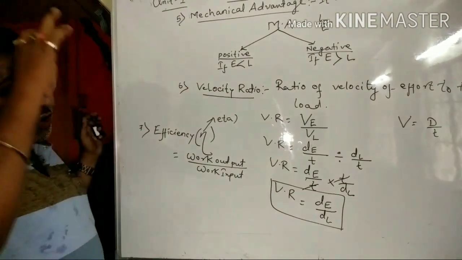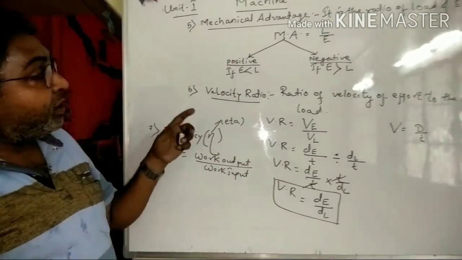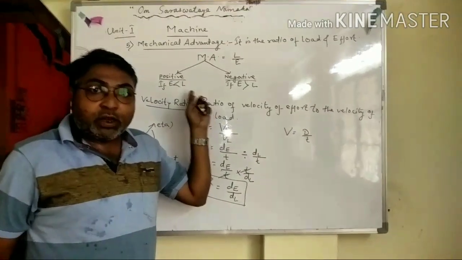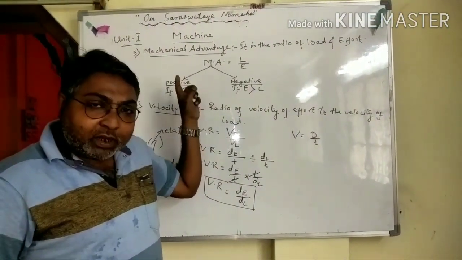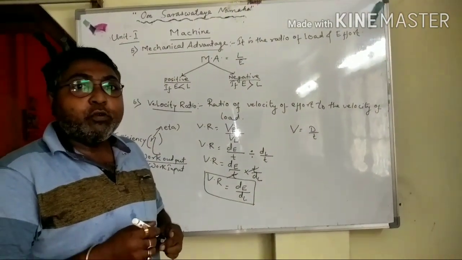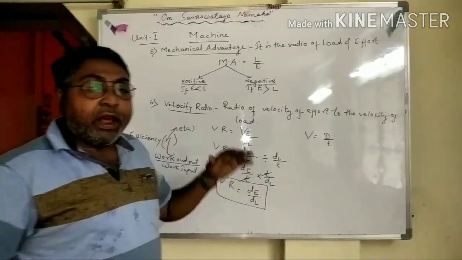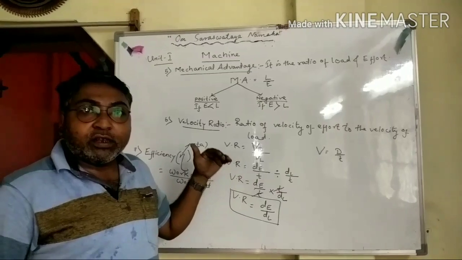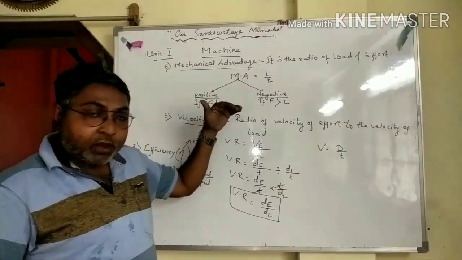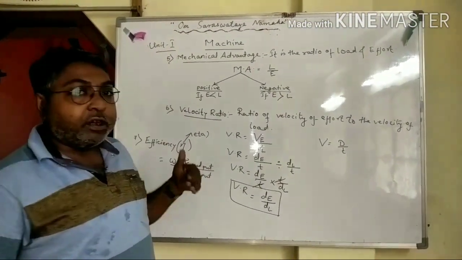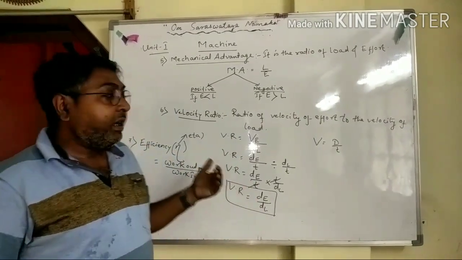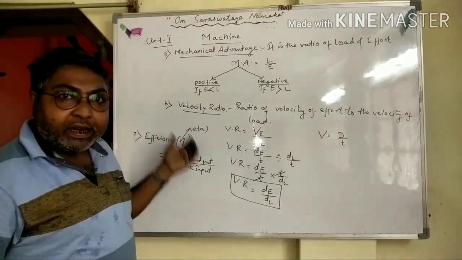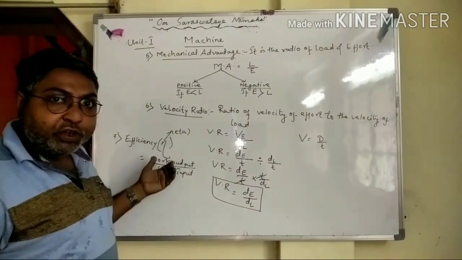So today I am teaching up to this much. As far as today's unit which I have started, I taught you the definition of machine. From the definition of machine, I told you the different functions of machine, and then I came to the technical terms related to this unit. First I started with load, effort, then I explained work input, work output, mechanical advantage, velocity ratio and efficiency.